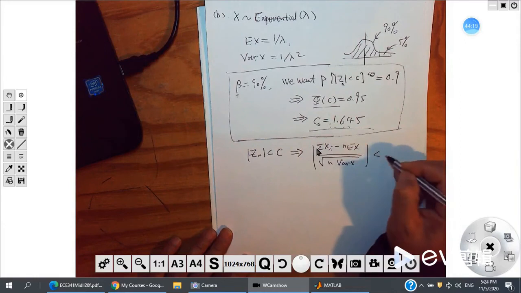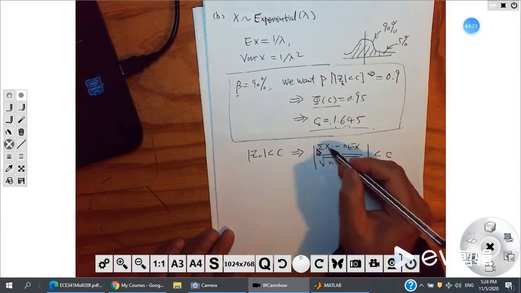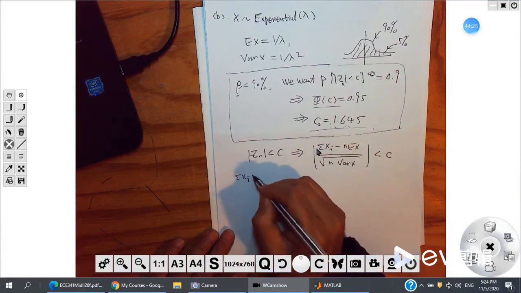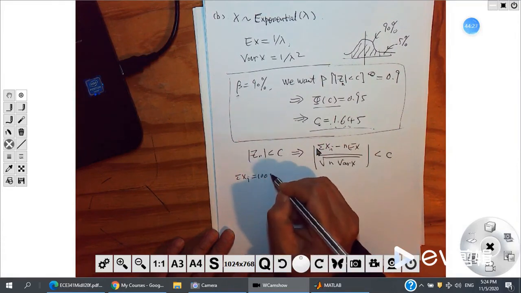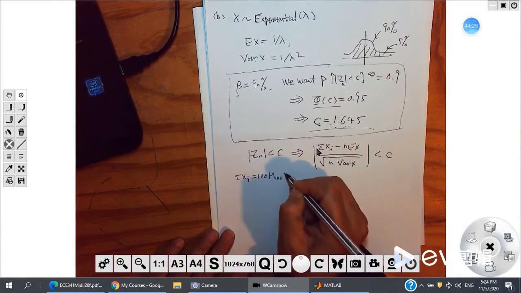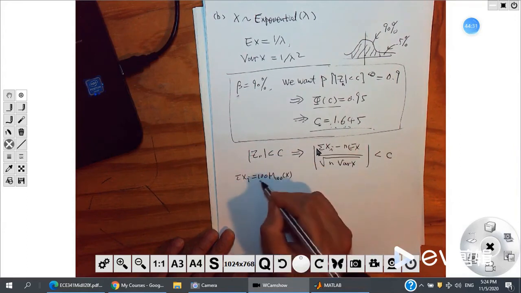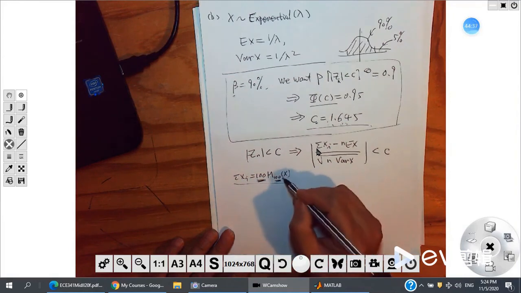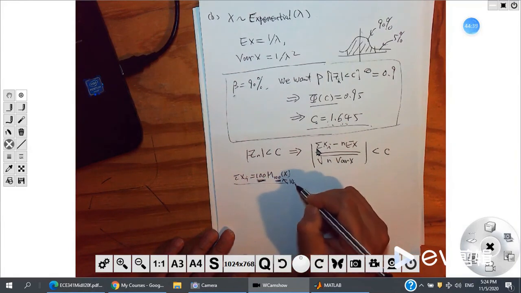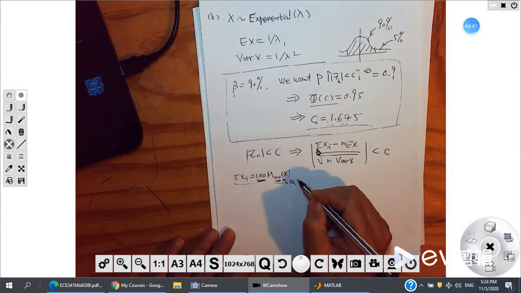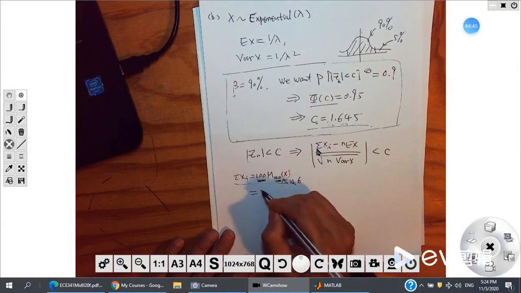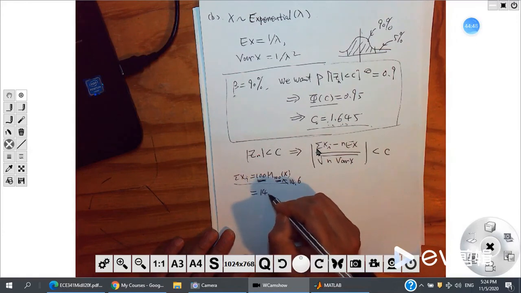This one is smaller than C. Okay, plug in. Here we have 100 samples. If you have 1,000 samples, here it should be 1,000. Then this sum is 14.6, so it is 14.6 times 100.